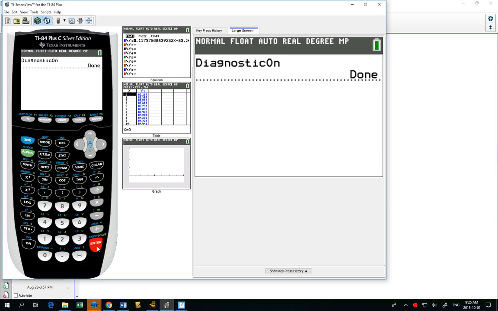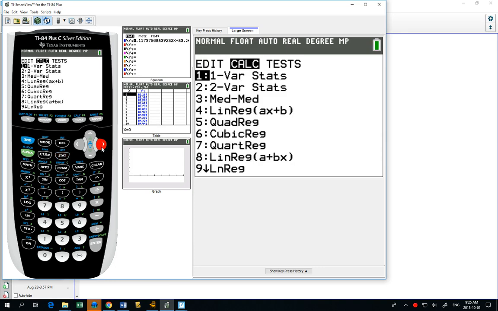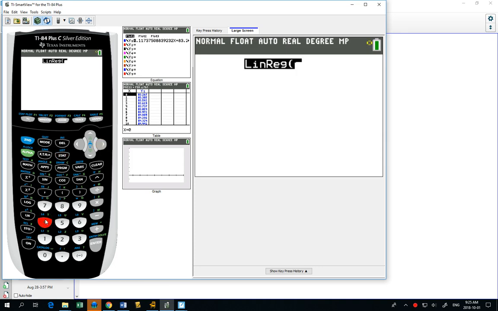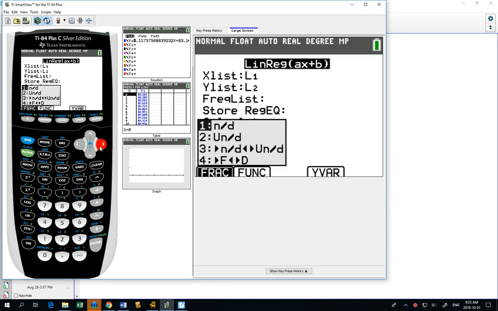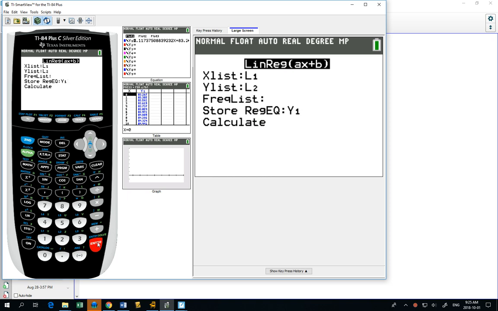And if your diagnostics are on, then that same thing that we calculated before, stat, calculate, number 4, linear regression, still store this as Y1 and calculate.